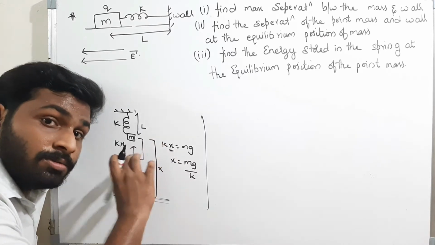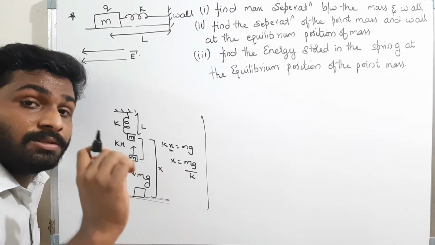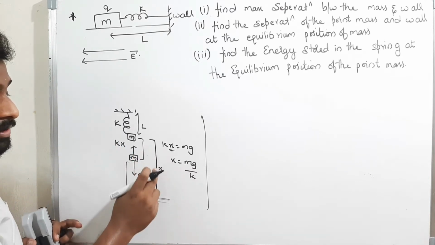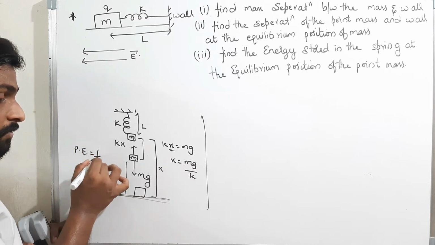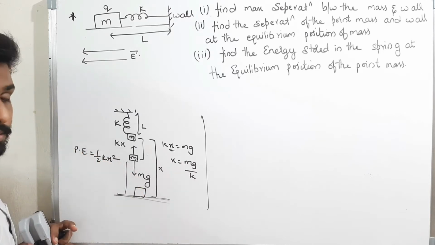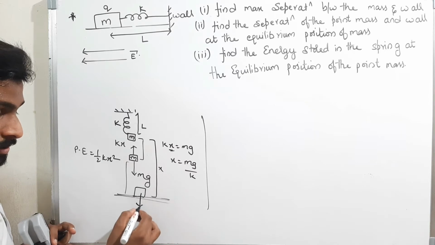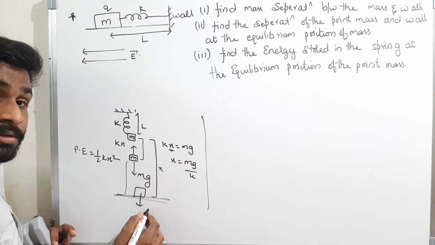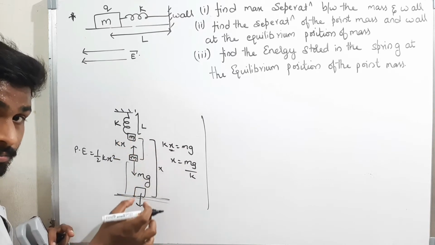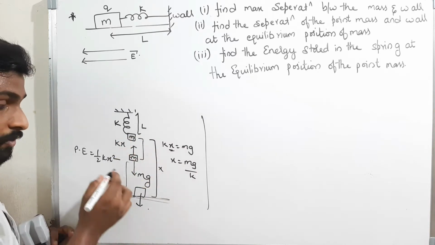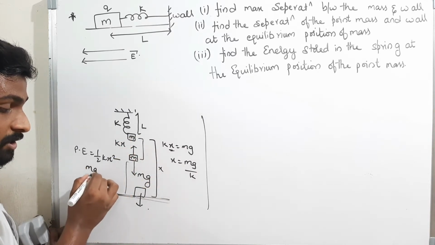The maximum separation we get when the energies are equal. What is the potential energy when the spring is elongated by x? That is half kx square. Now the downward force is mg, but what is the gravitational potential energy? The body came down by displacement x, therefore the gravitational potential energy is mgh.